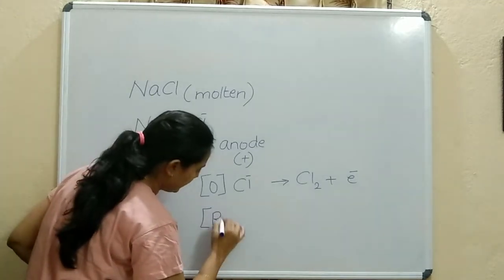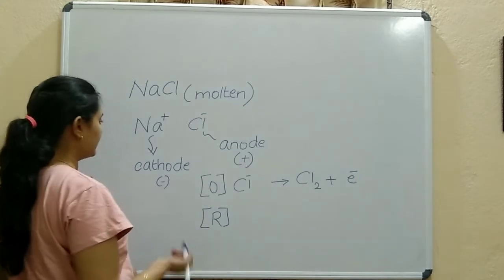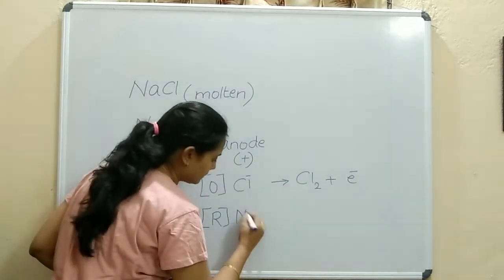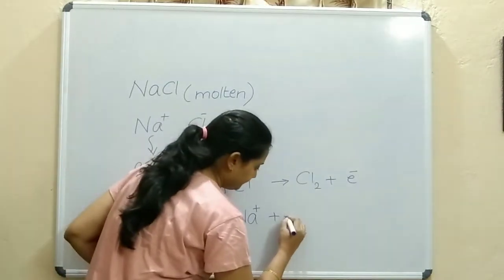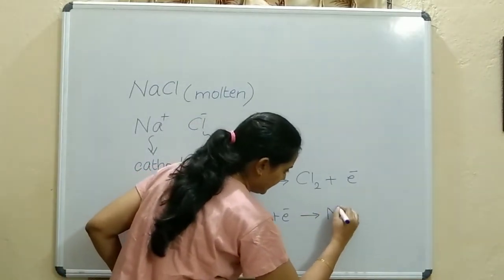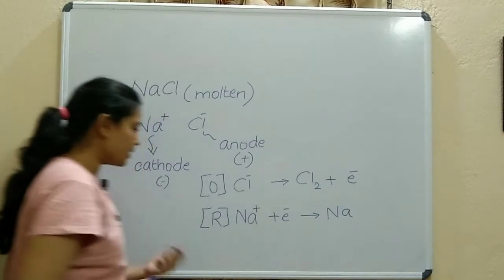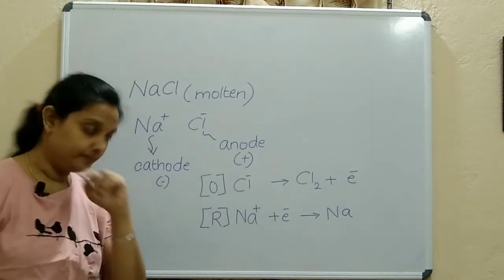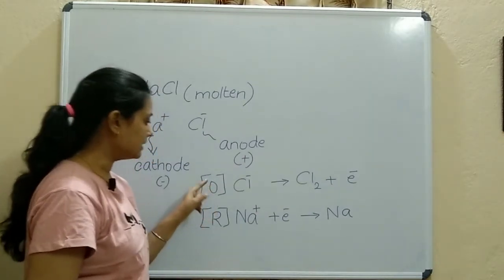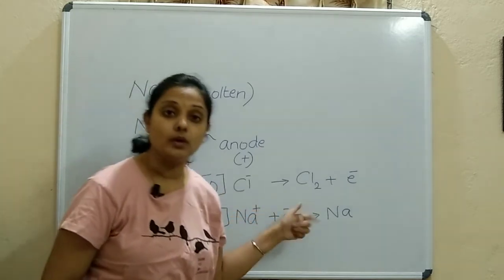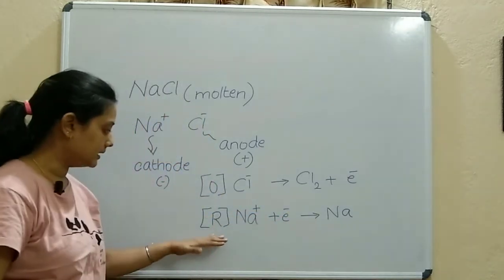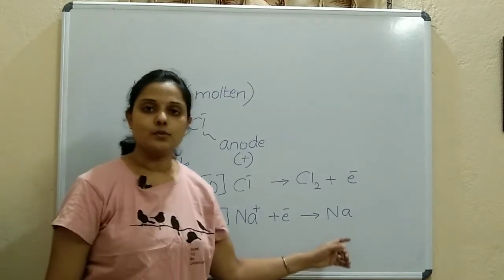Reduction at cathode, so the cathodic equation will be: Na+ is going towards the cathode, gains electrons, and reduces to Na. So what are the products at anode and cathode? The product at the anode, which undergoes oxidation, is Cl2, chlorine gas, and at the cathode the product is sodium.